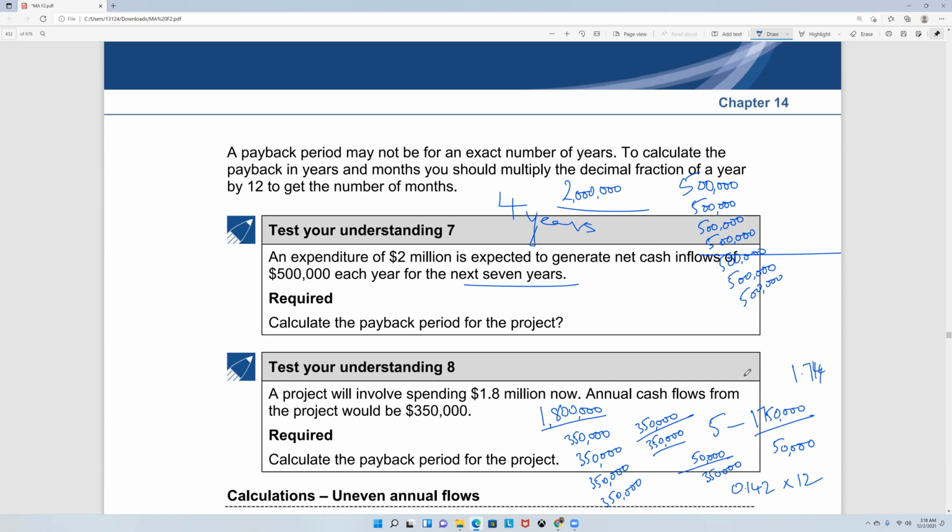So I'm going to take 5 years, 1 month, and somewhere around 21 to 22 days. 5 years, 1 month, and 22 days it will take me to receive back my 1.8 million. Clear?